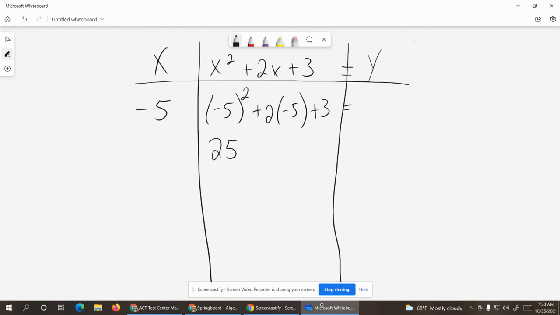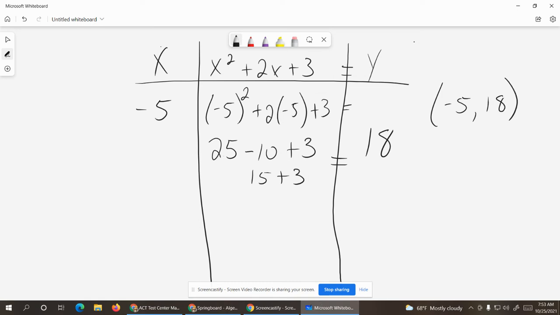What is 2 times negative 5? Negative 10 plus 3. 25 minus 10. 15 plus 3 is 18. So the ordered pair is negative 5, 18.